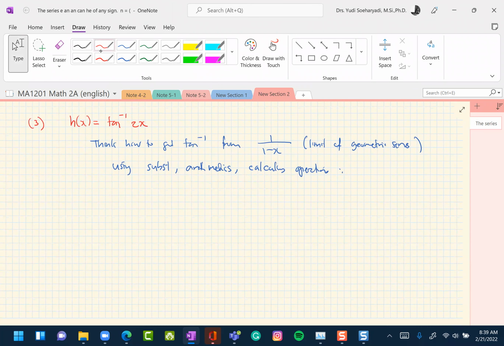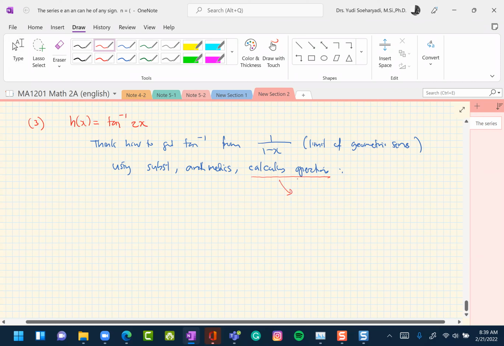Oh, I should mention here what I mean by calculus operations. Calculus operations are of course limit, differentiations, and integrate term by term. Okay. So what do you mean by term by term?